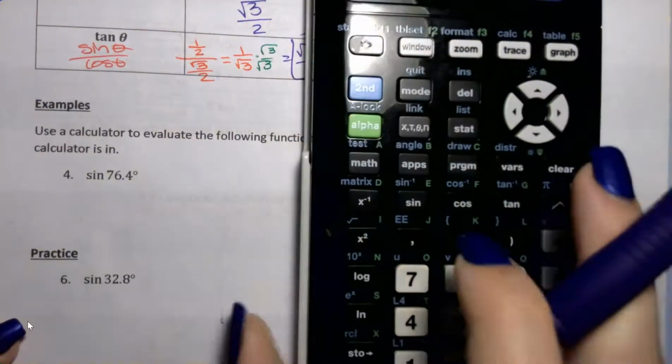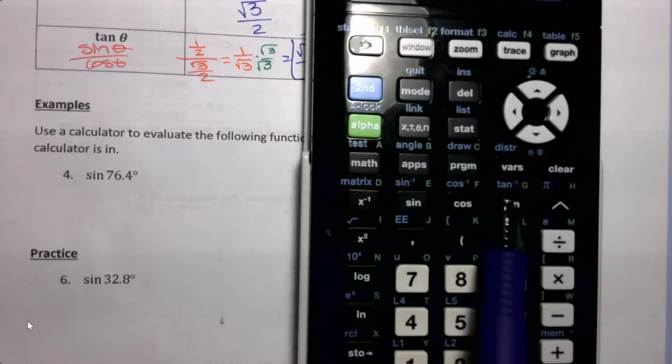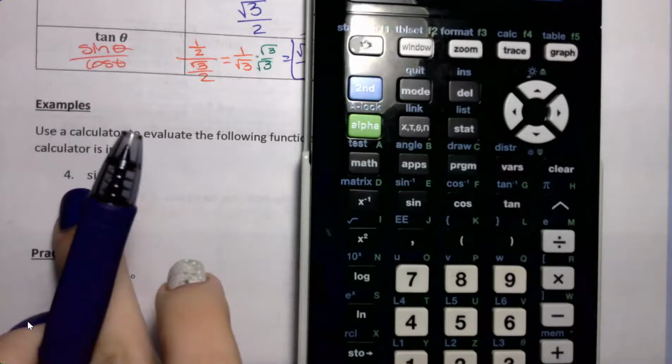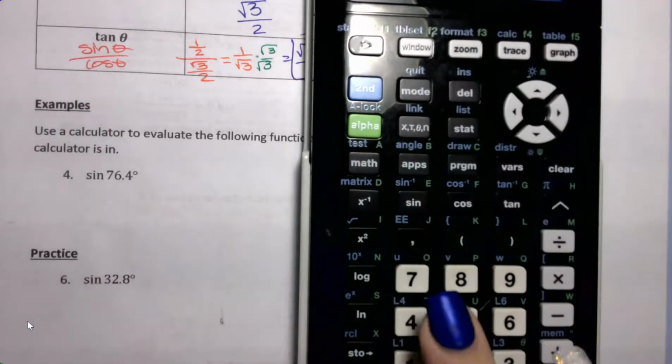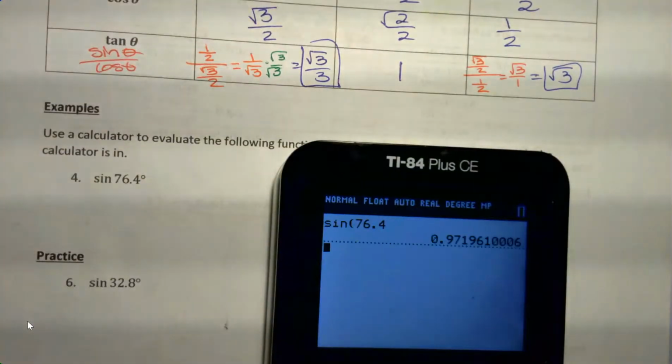Calculators only have sine, cosine, and tangent, which is why it's important to remember the reciprocal functions and which ones they match up with. So you can use the 3 calculator buttons to evaluate the other ones. This problem is sine, so I'm going to type in sine and then 76.4, and then I will press enter.